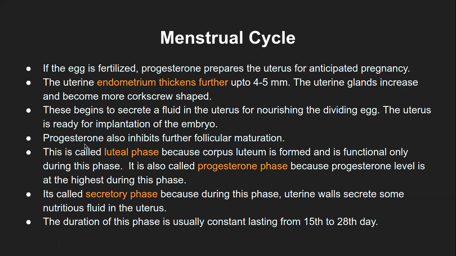Then the progesterone also inhibits further follicular maturation. If the egg is fertilized, the corpus luteum is maintained, so the progesterone level is maintained, and this progesterone level will in turn stop the follicle stimulating hormone, and it will stop the follicular maturation for the rest of the pregnancy period. So that is a kind of negative feedback mechanism: a higher level of progesterone maintained for a longer time gives a signal to the body that we do not need a Graafian follicle released every month.